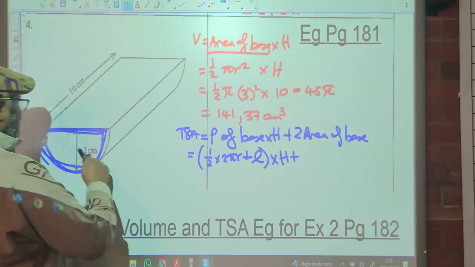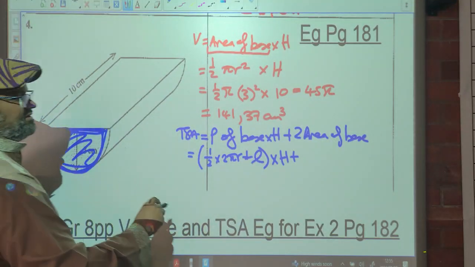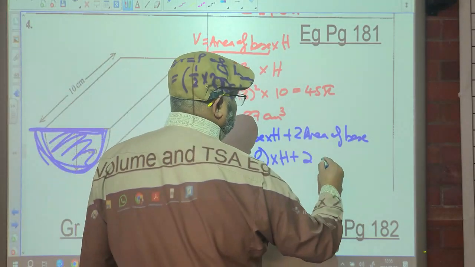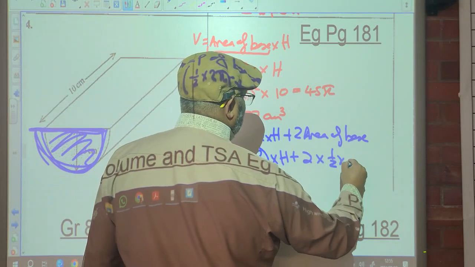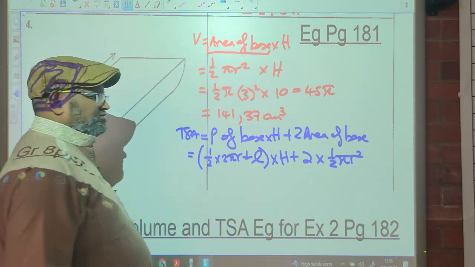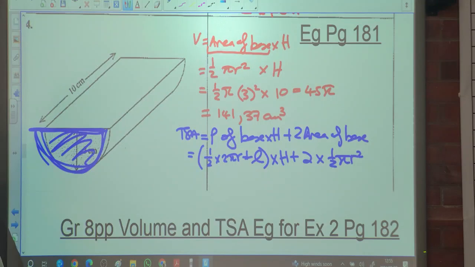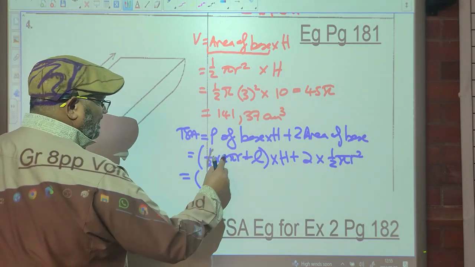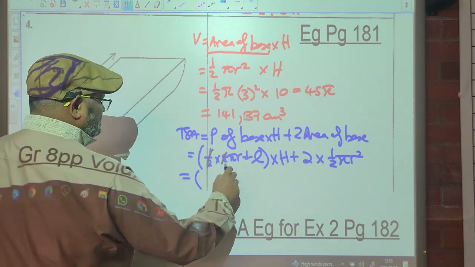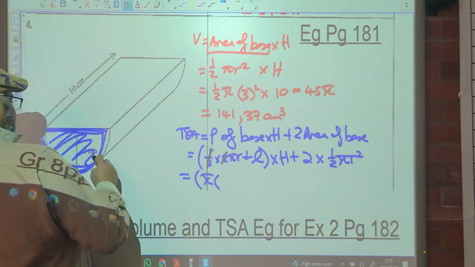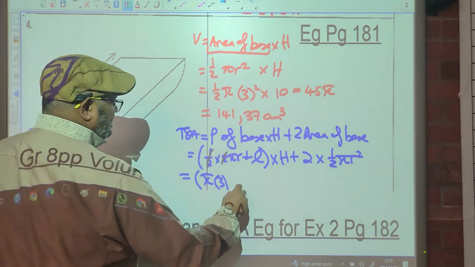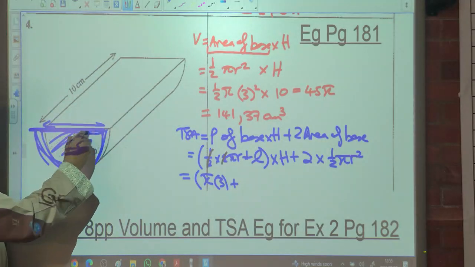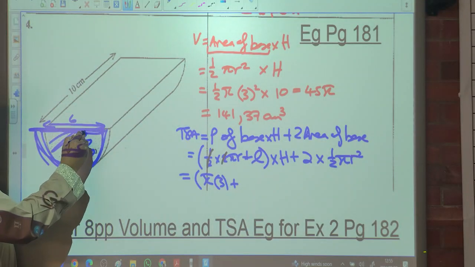How do you calculate the area of a circle? Pi r squared, but it's half. It's half pi r squared or pi r squared divided by 2. You guys understand? Let's simplify this a bit. Half times 2 cancels. So it's going to be pi. What's my radius? 3 plus my length. So what's the length from there to there? 6, because from there to there is 3, so it's double.